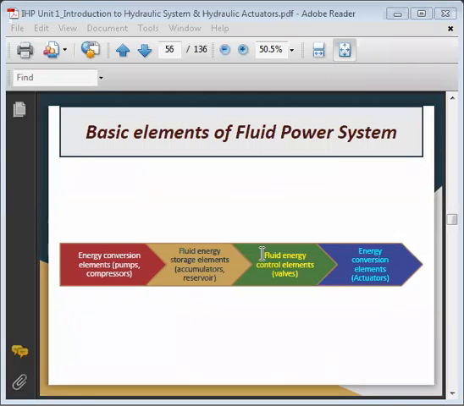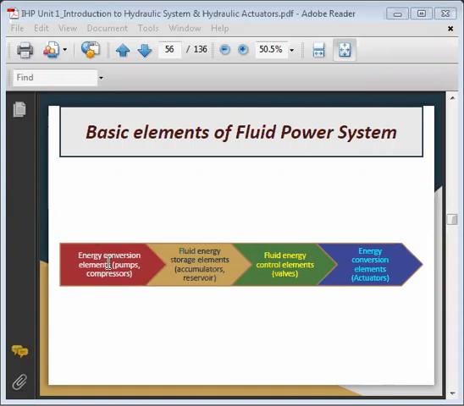As we know, our fluid power system consists of mainly four elements. Now the question arises, which are those four elements? The first is the energy conversion element. Which is that first energy conversion element?